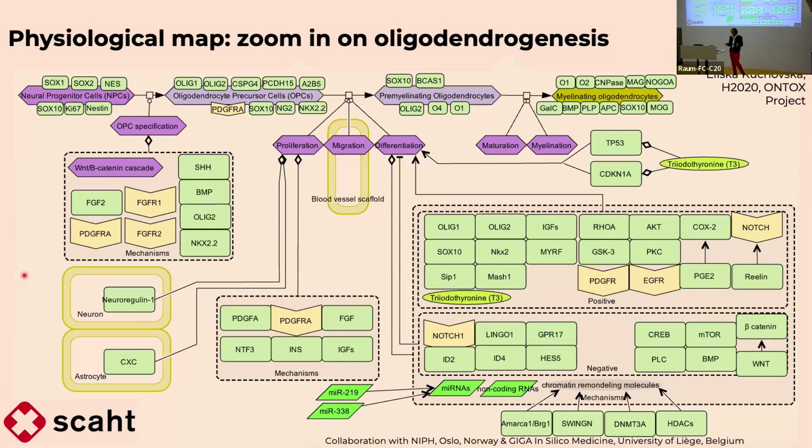In the end, these physiological maps are like a map where you can orient your in vitro system. Which signaling pathways can my system cover, and what cannot be covered, for example. So it's supposed to build confidence and trust. That's the physiological map.